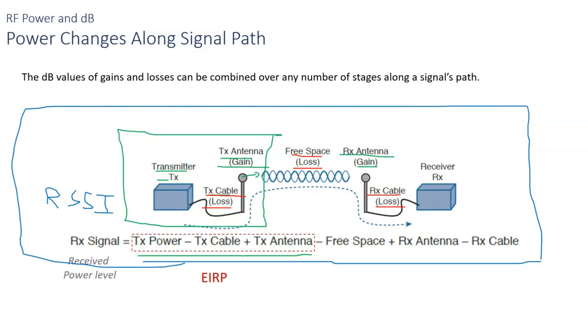So I have two things to calculate: the EIRP, which is the transmitter power, minus losses in cable plus antenna gain, and the received signal strength, which equals the EIRP minus the free space plus antenna gain minus cable losses.